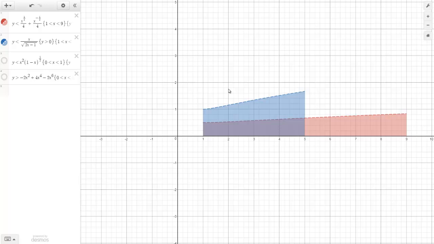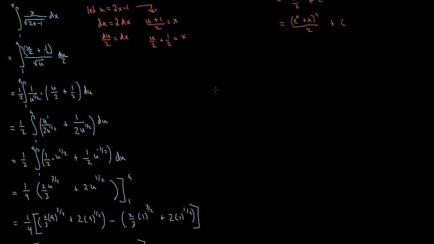So let's look at another example. This next example is a little more tough, but we can work through it. It looks very similar to one we've done before, but it's actually going to be a little more tricky.